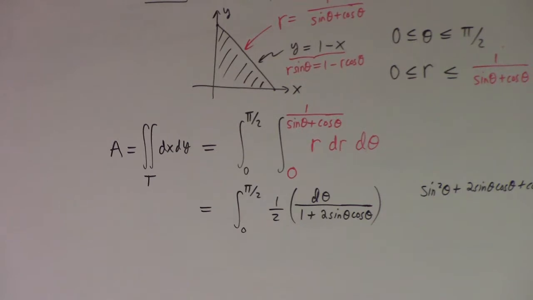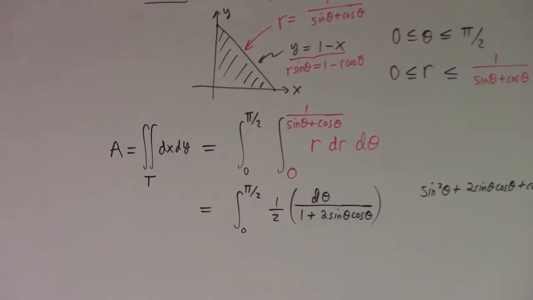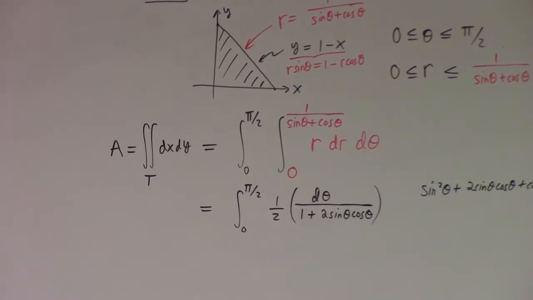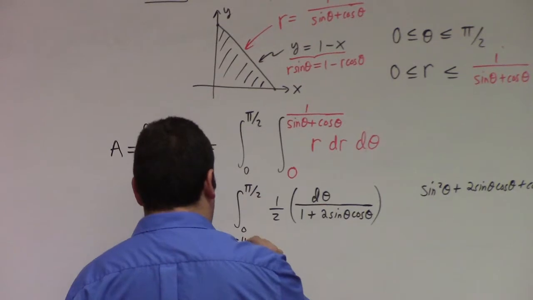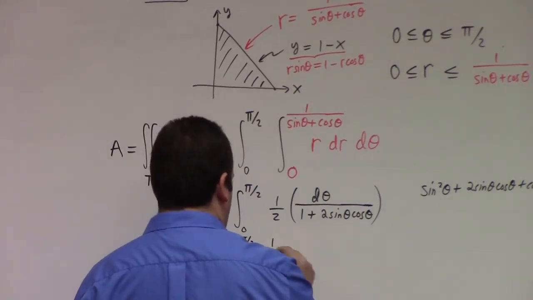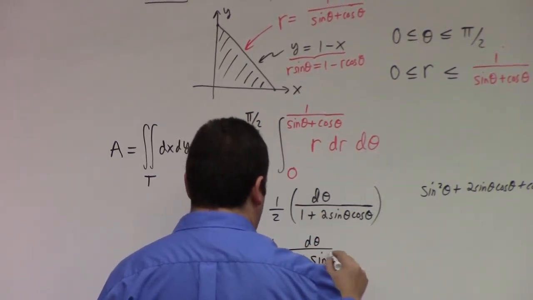Great. Now what? I guess then this is the integral from 0 to pi over 2 of 1/2 d theta over 1 plus sine 2 theta.